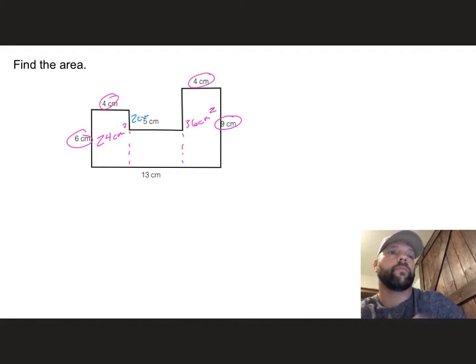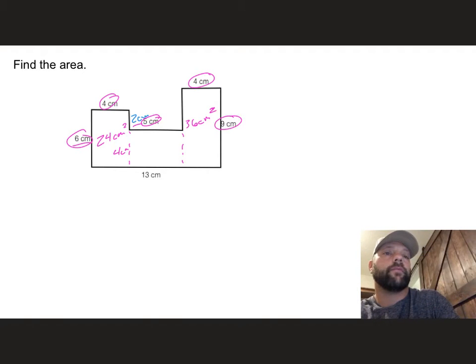Okay, so then it's a matter of trying to figure out what's happening here in the middle. So I have this length of 5, and if I know this side length of 2, then I can take my 6 and subtract the 2, which is going to give me 4 centimeters there on the side.